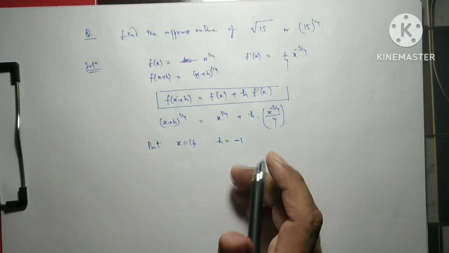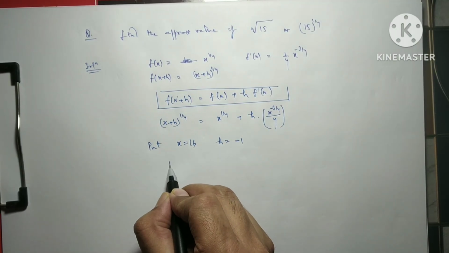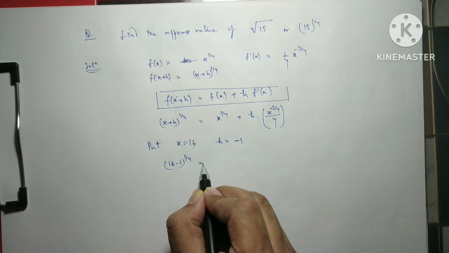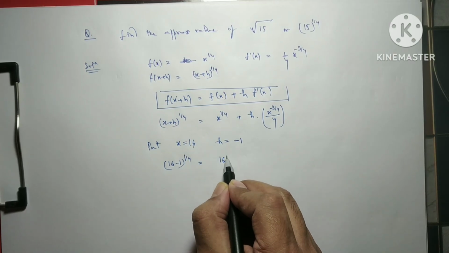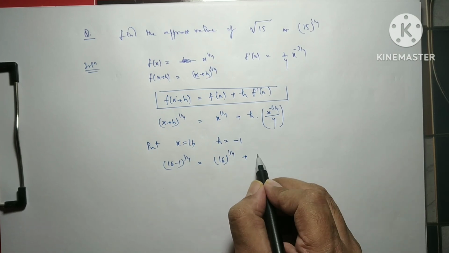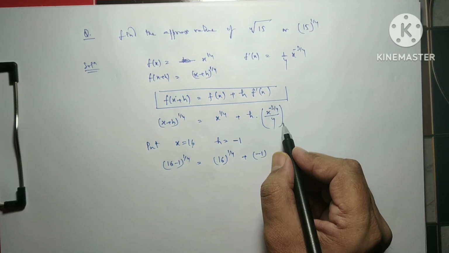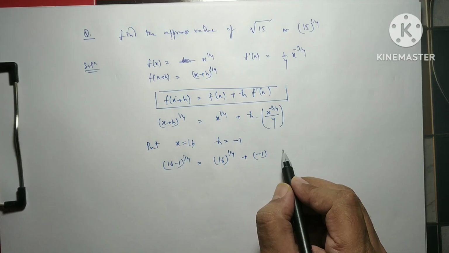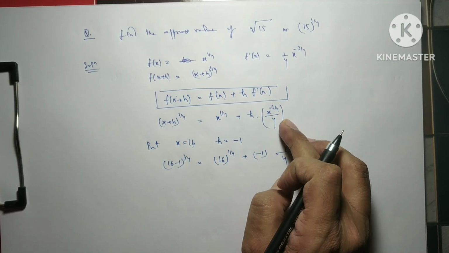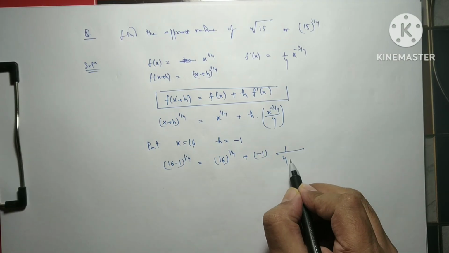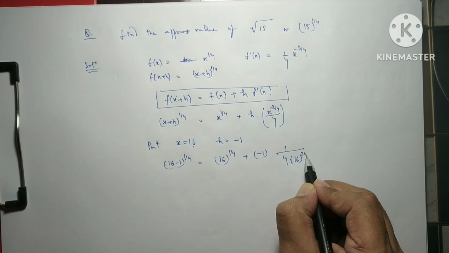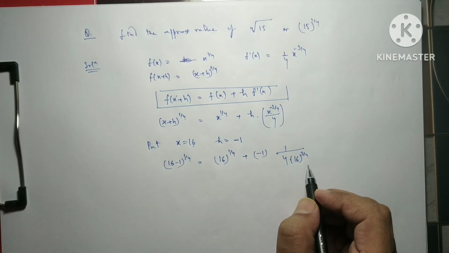So put these values in this, so you get (16−1)^(1/4) ≈ 16^(1/4) + h is −1, and this is 1/4, and you can take it with positive power, so it is 16 to the power 3/4 in the denominator.